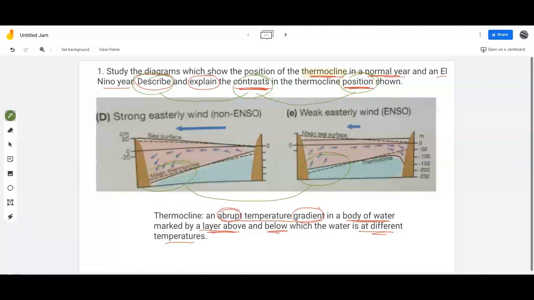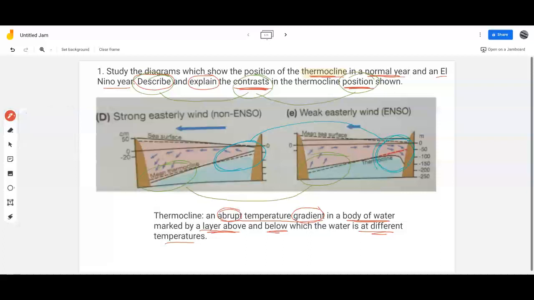What about the eastern part of the Pacific? Let me just pick a different color for that. Let's have a look here. First of all, this area. Well, there's our dotted line, which represents the average thermocline position. There's the solid line, which tells us that it's slightly shallower than average. What about over here? Okay, well, it tells us about the average position.